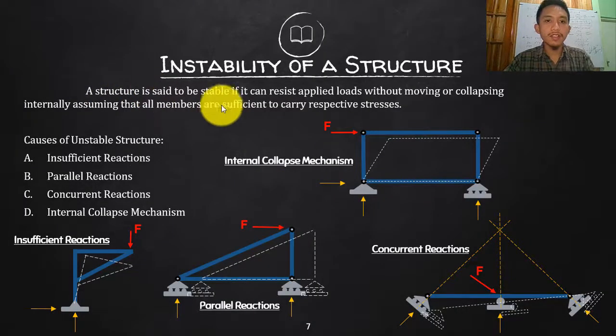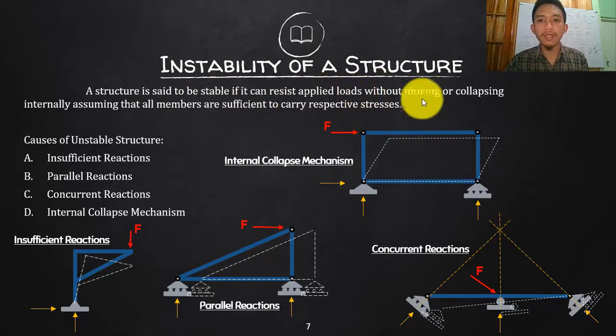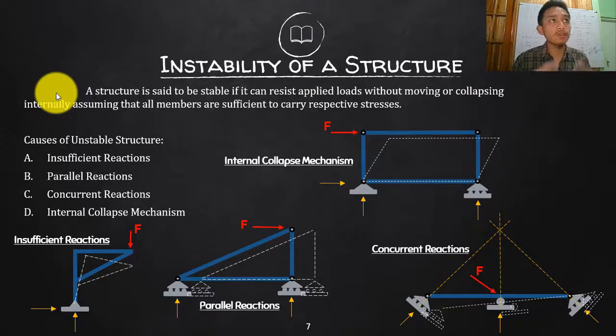A structure is said to be stable if it can resist applied loads without moving or collapsing. That is how we will know if your structure is stable. But once the structure receives the loading and will now be moving, that is unstable, or it will collapse, it will fall, then that is considered as failure.